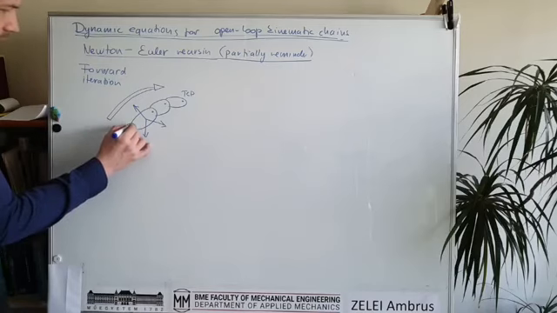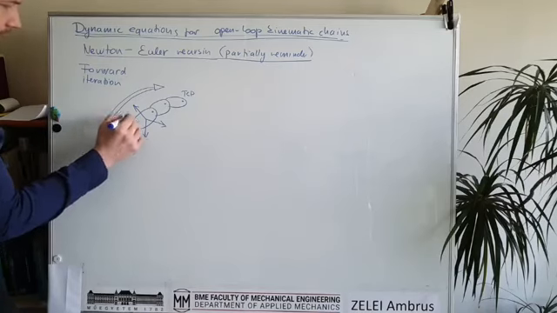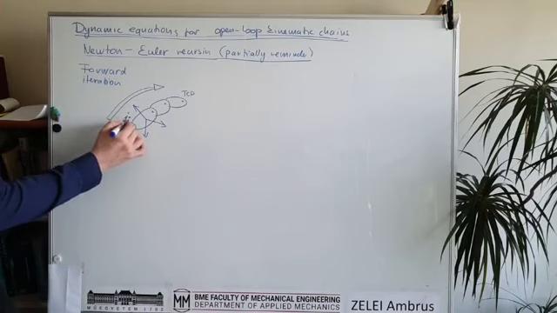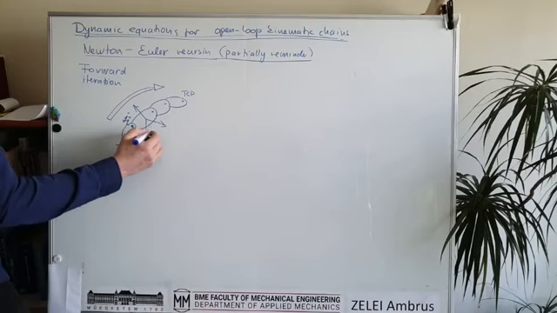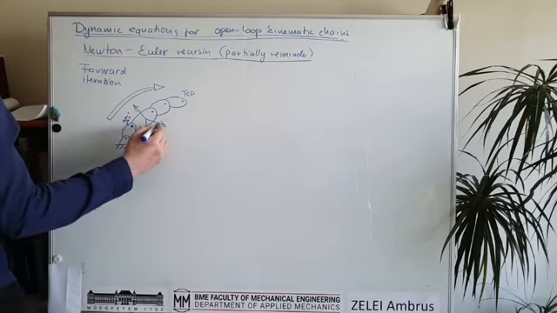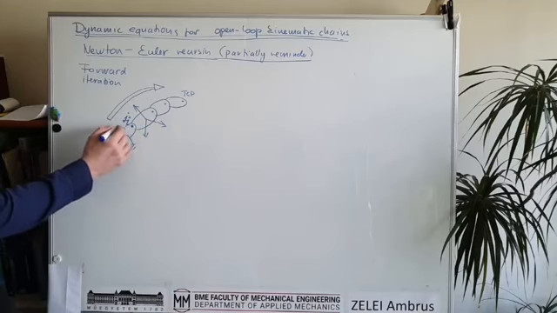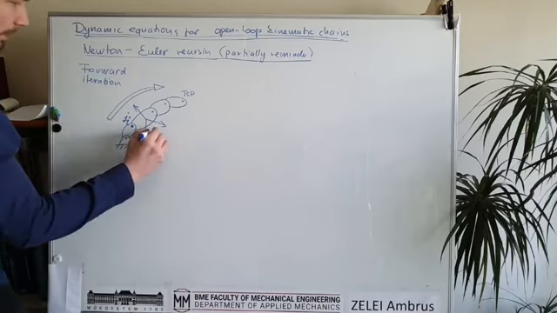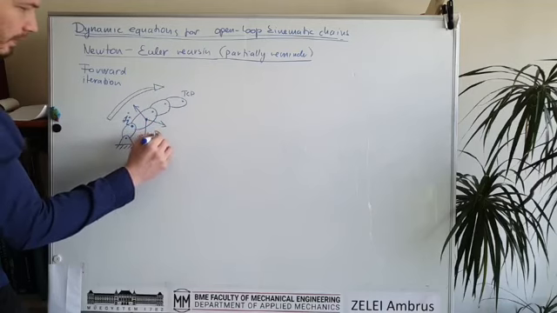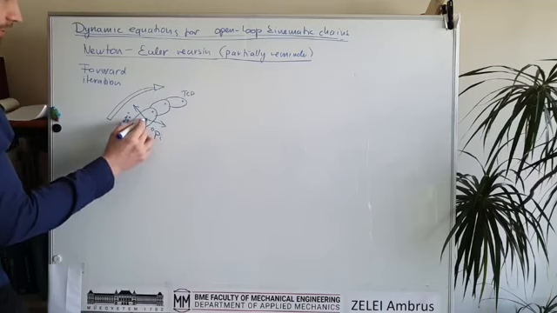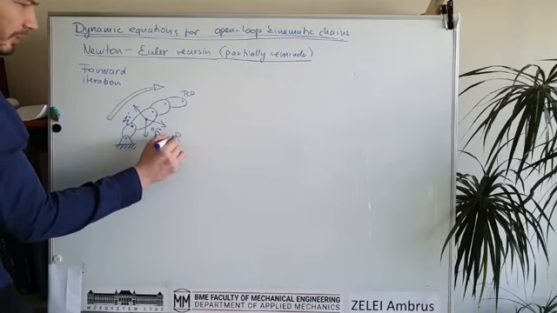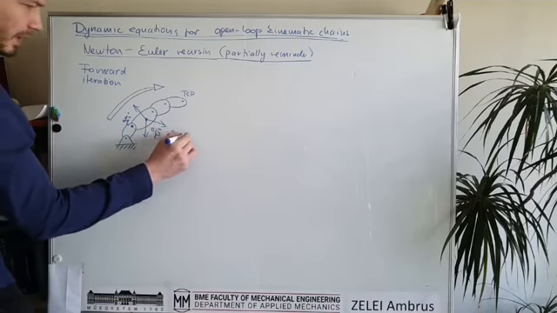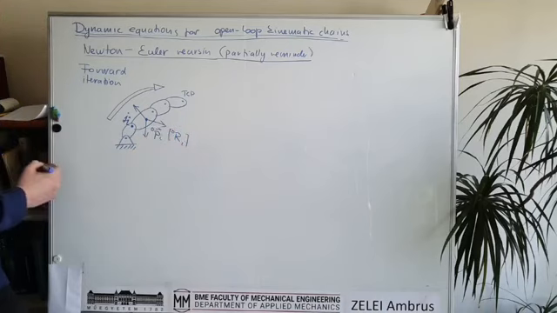Let's say this is joint I here, and if we know all of the joint parameters, then we can calculate the position of each coordinate system in the global frame, and also the orientation, which is given by the rotational tensor.